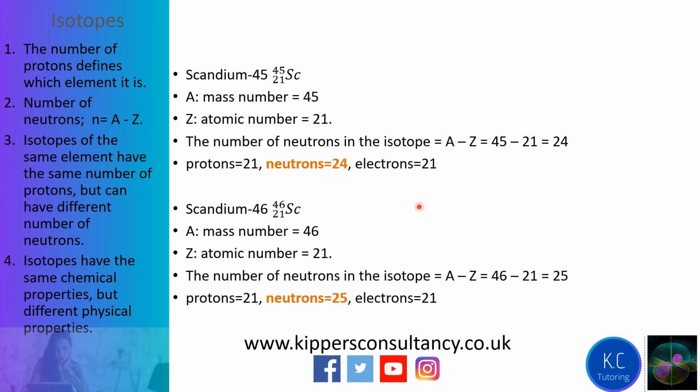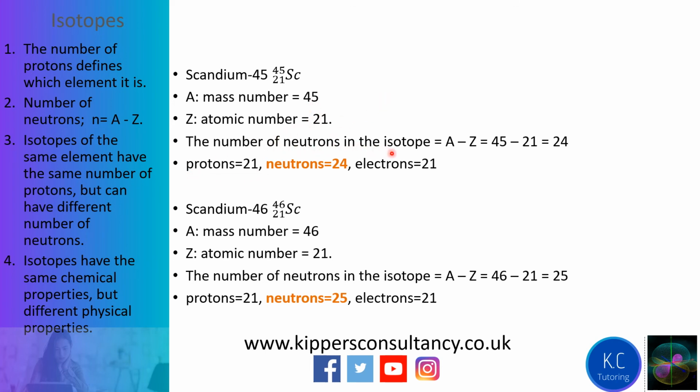Let's now look at a more complicated example of isotopes. Here we have 2 isotopes of scandium, scandium 45 and 46. Let's focus on the number of neutrons in scandium 45 to begin with. Scandium 45 has a mass number of 45 and an atomic number of 21. This means it has 21 protons.